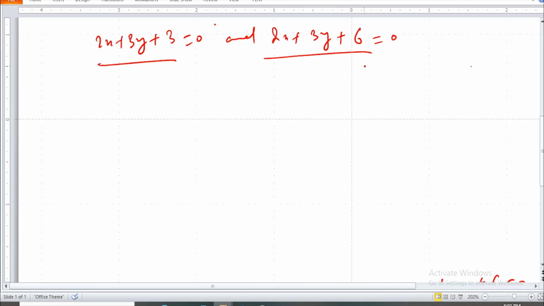Find the area of a square whose two opposite sides are given: 2x plus 3y plus 3 equal to 0 and 2x plus 3y plus 6 equal to 0. If these two are opposite sides of a square, then what is the area?